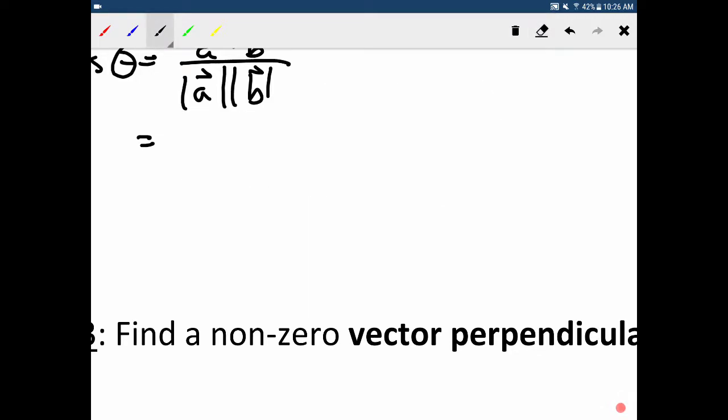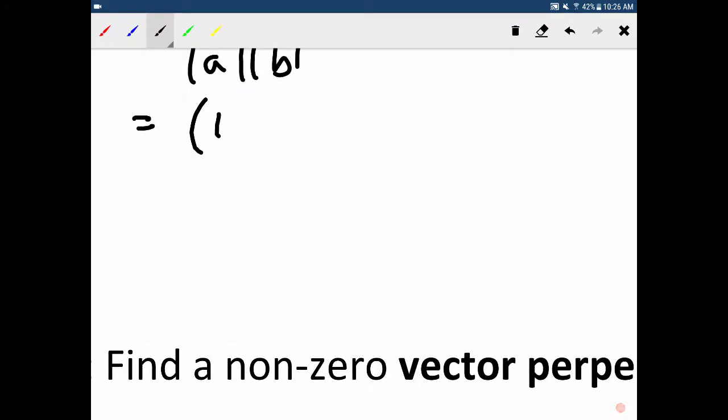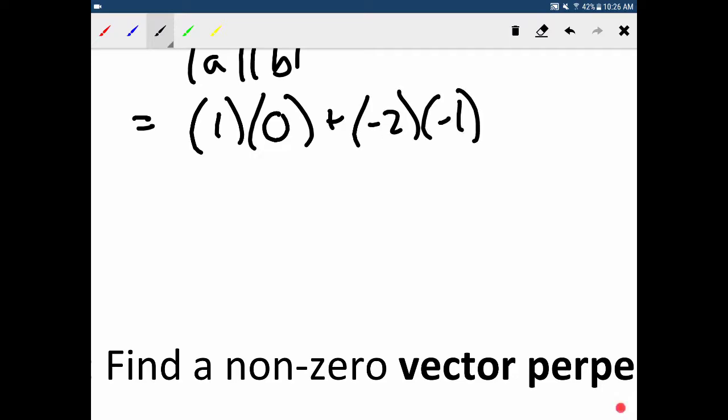Let's try that again. So we've got 1 times 0. That one was right. And then we had negative 2 times negative 1, and then plus negative 1 times 2.